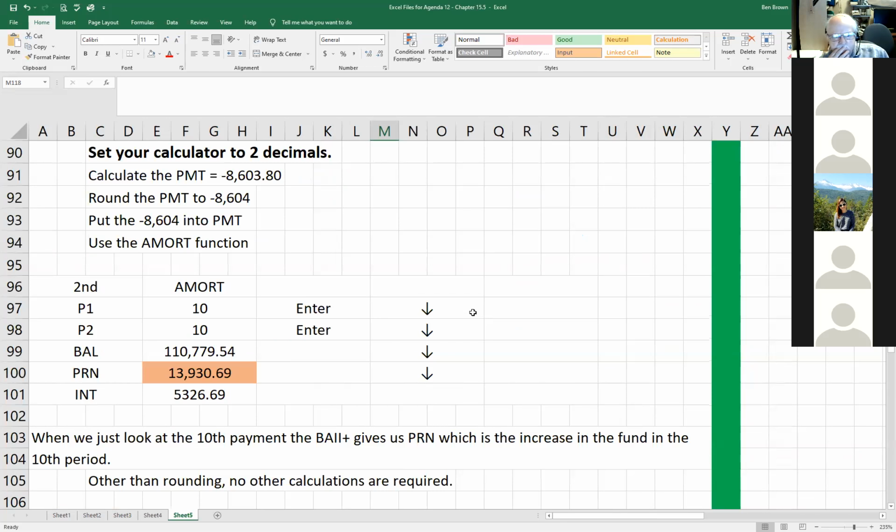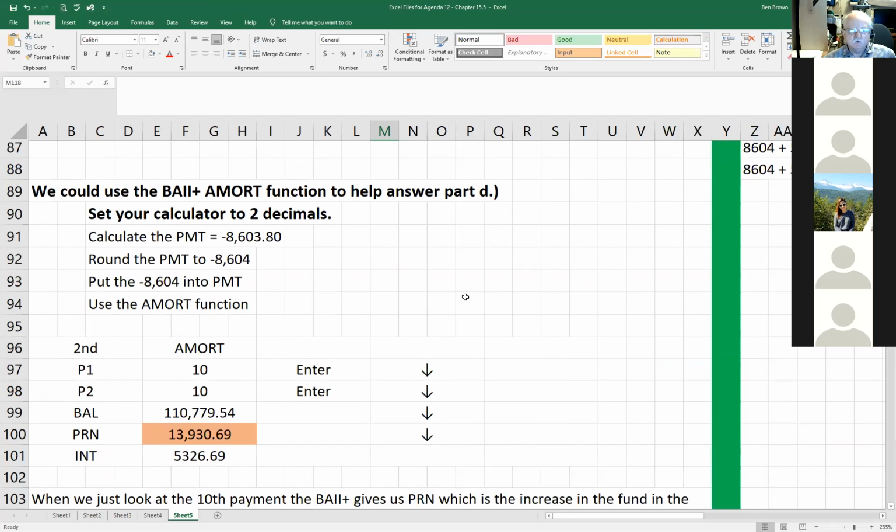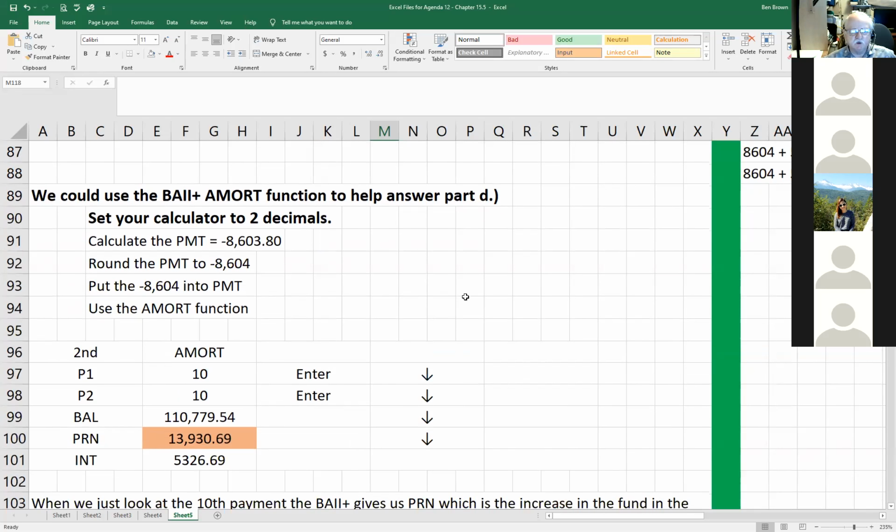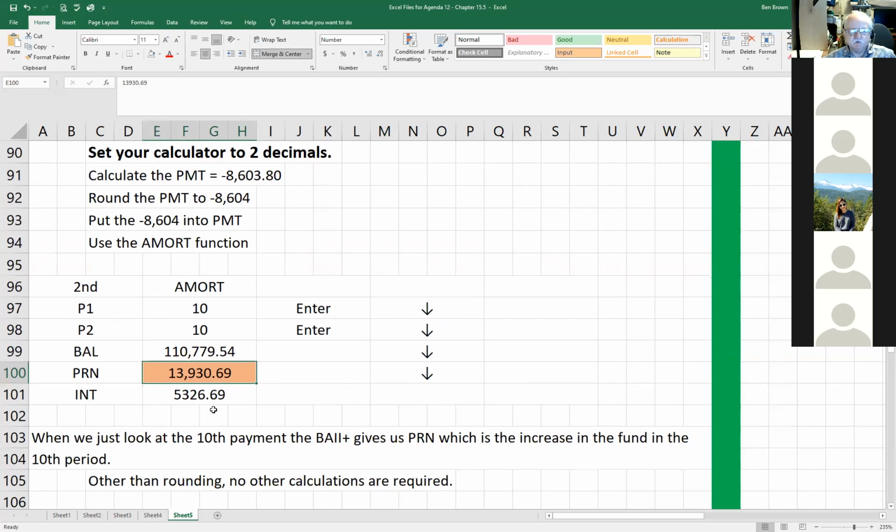The increase in the fund, what we figured out, was 13931. And that's what this would be. This would be the increase in the fund if we rounded it. Let's go equals round this, comma 0. This would be our 13931. Is that what you're asking?